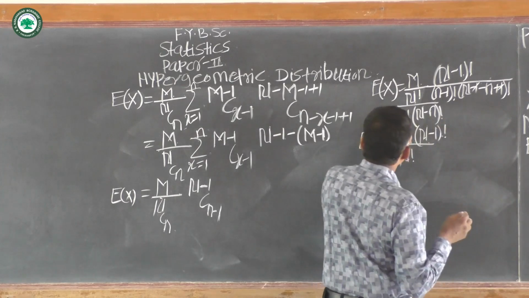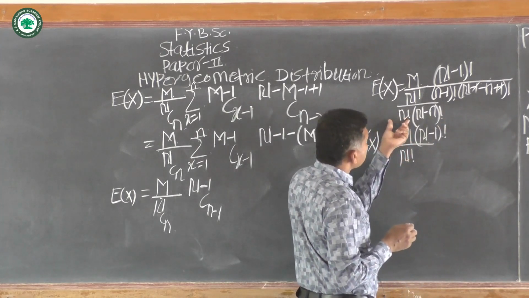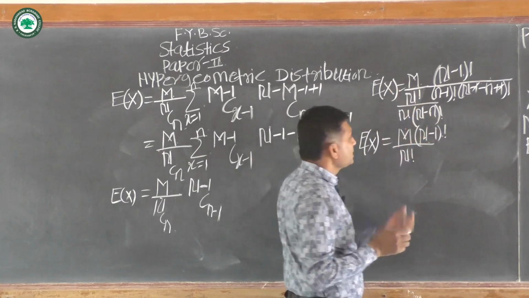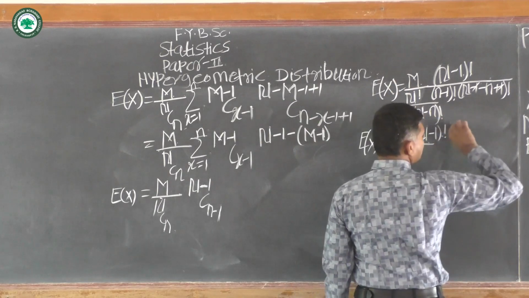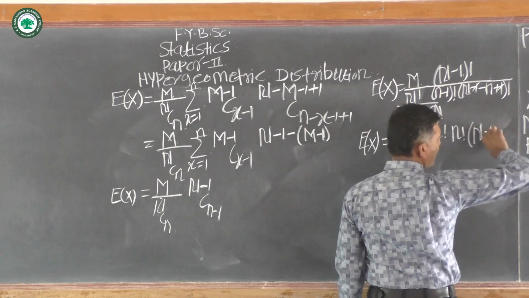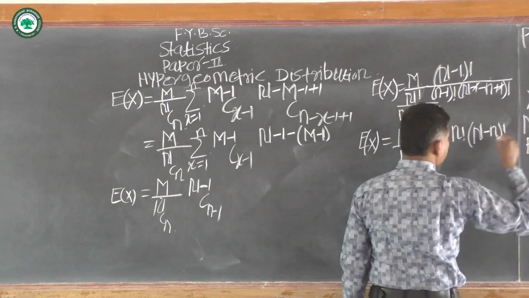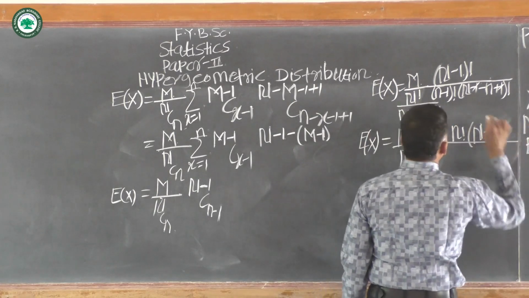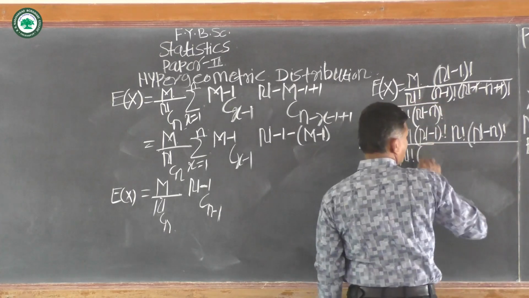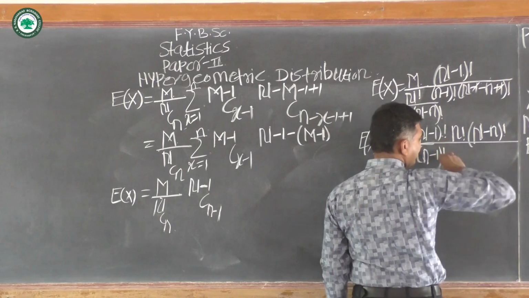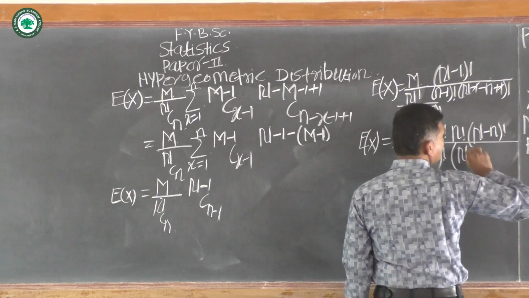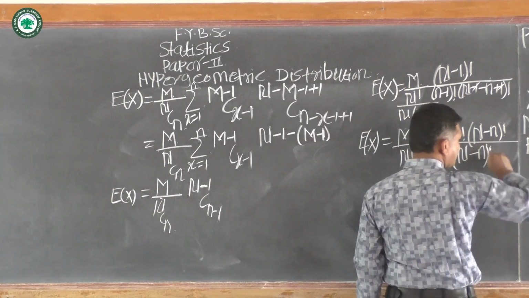Now this term, n factorial into (N minus n) factorial, goes to the numerator. Now this can be written as n factorial into (N minus n) factorial divided by N factorial into (n minus 1) factorial into (N minus n) factorial.